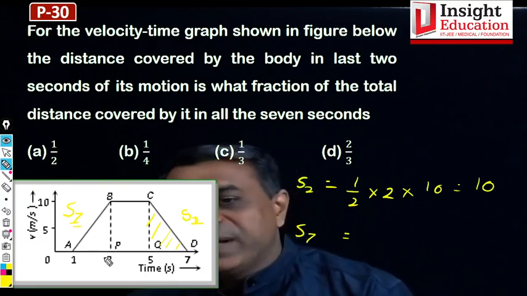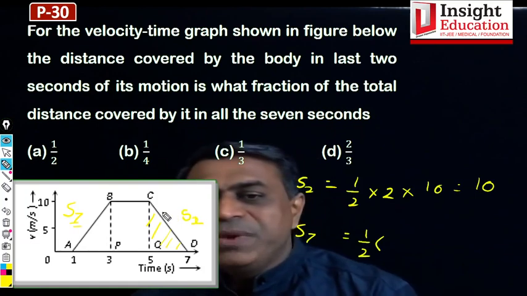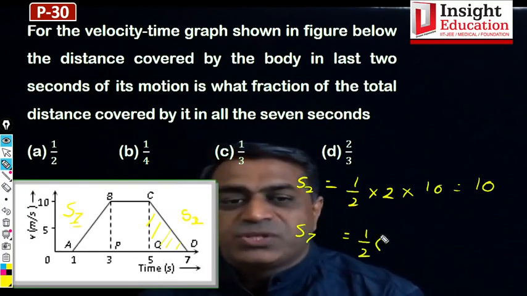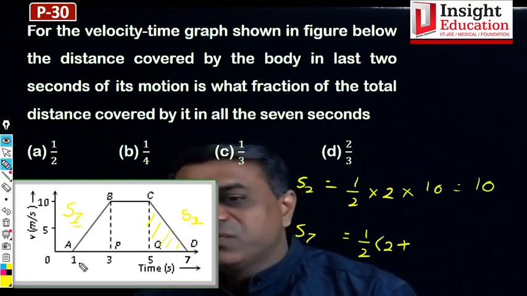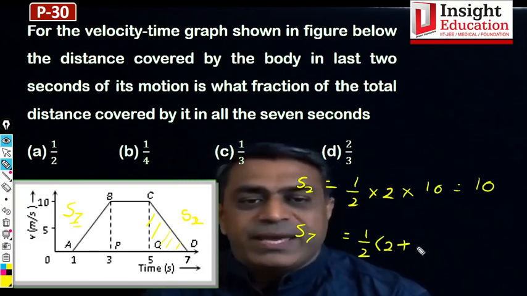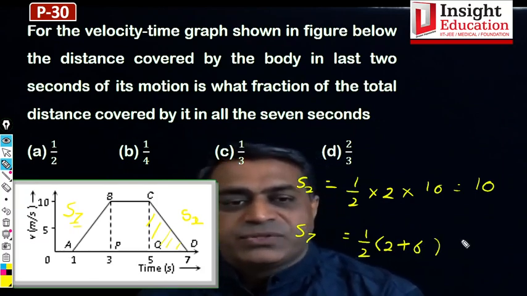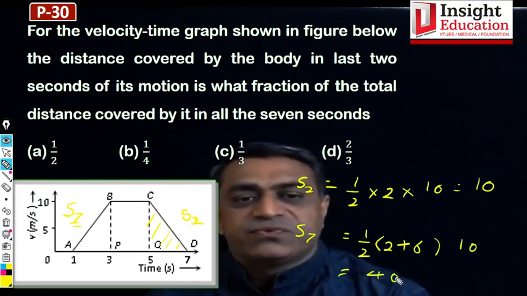For S7 I have to consider a trapezium. Again for the trapezium, 1/2 (A plus B) H: B is equal to 5 minus 3, so that is 2, plus A. From initial to final, 7 minus 1, I can say 6, into height 10. So 8 by 2 is 4, into 10 is 40.